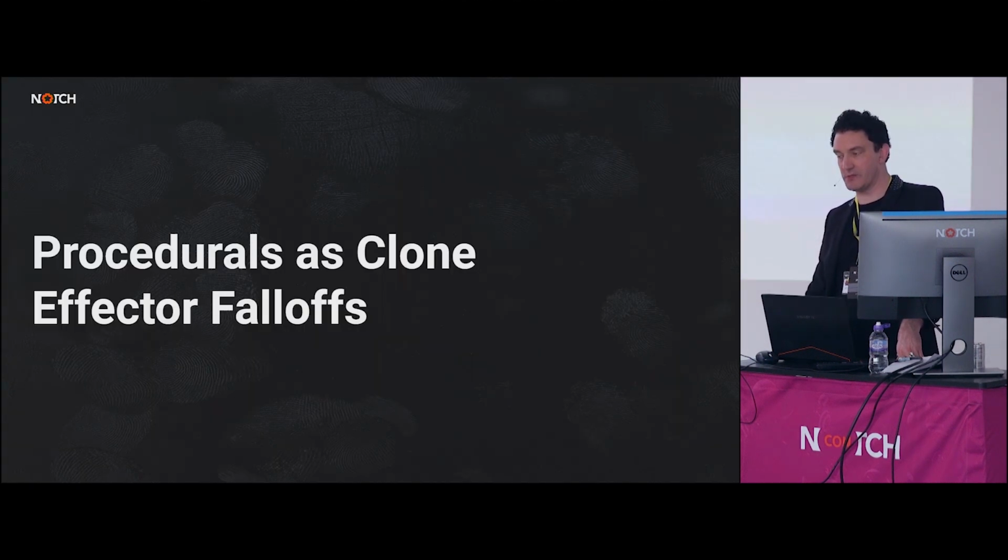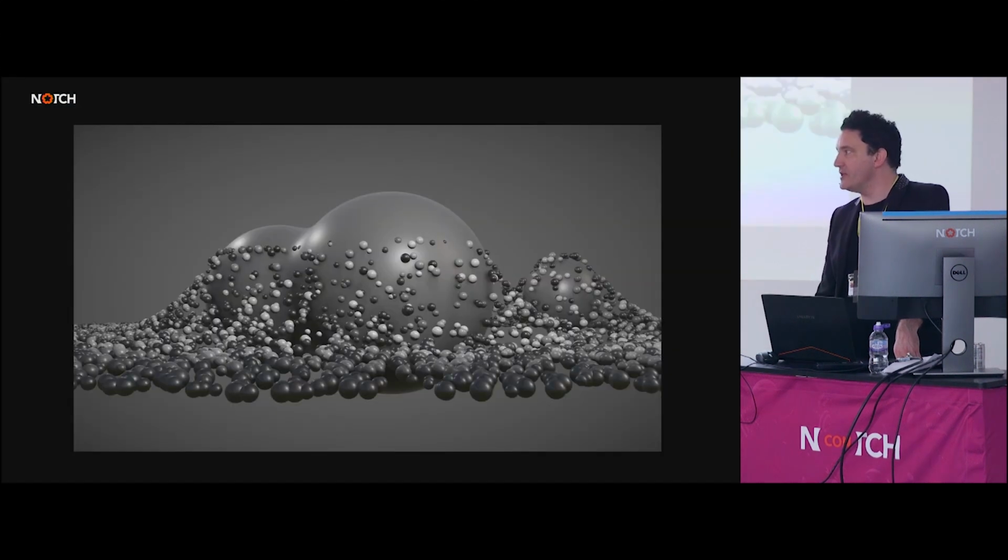Something you might also not be aware of is that procedurals can be used to do custom fall-off shapes for clone effectors and particle effectors. So here's an example of using a cloning system with just a plane effector, but using the procedural system to define the fall-off for the plane effector.